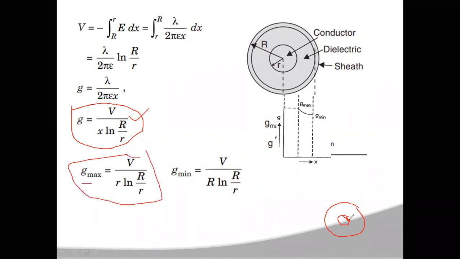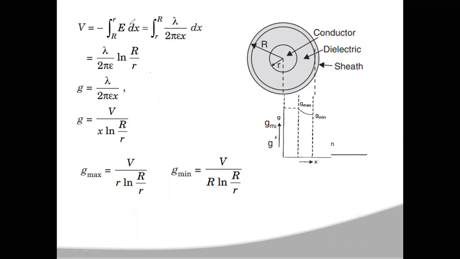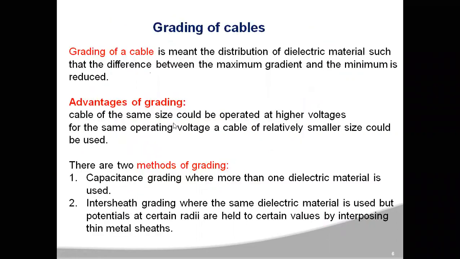Gmax will be there on the surface of the conductor. From the surface of the conductor to the center, the radius is r, so x will become r. Gmax is equal to V by r into ln R, where this will be capital R. Similarly, using this expression, we write Gmax 1, Gmax 2 and Gmax 3.